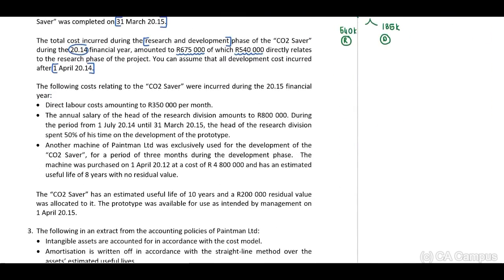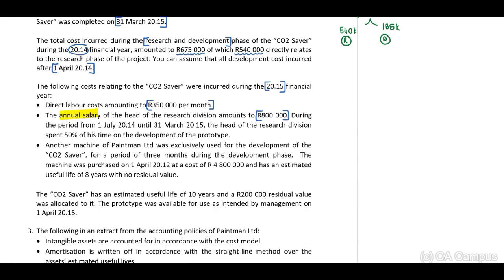The following costs relating to the CO2 saver were incurred during the 2015 financial year. Direct labor costs amounting to 350,000 per month. The annual salary of the head of research division amounts to 800,000. Now, important to identify that this is annual salary.